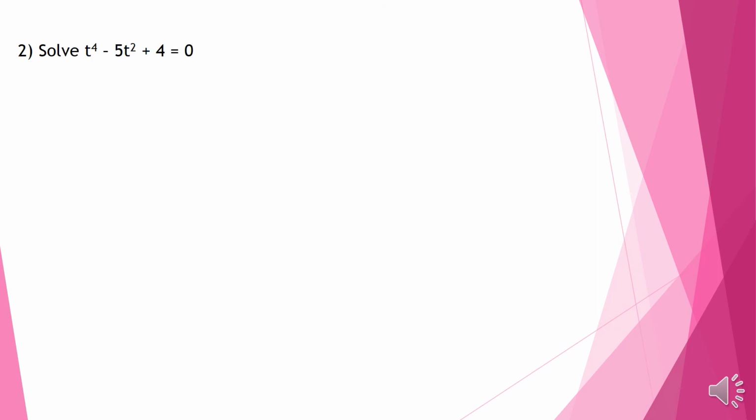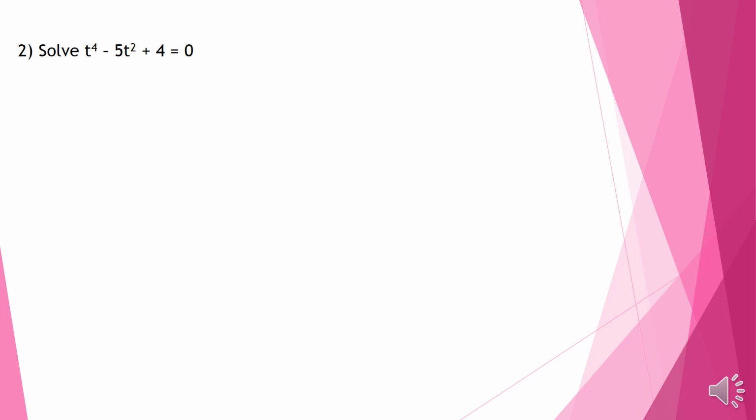In part 2, solve t power 4 minus 5t squared plus 4 equal to 0. This form of the equation is called a two squared equation or bi-squared equation. Why?